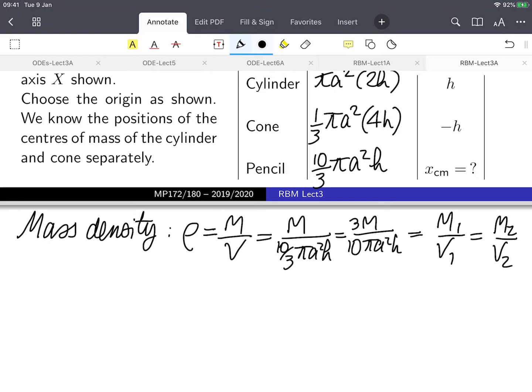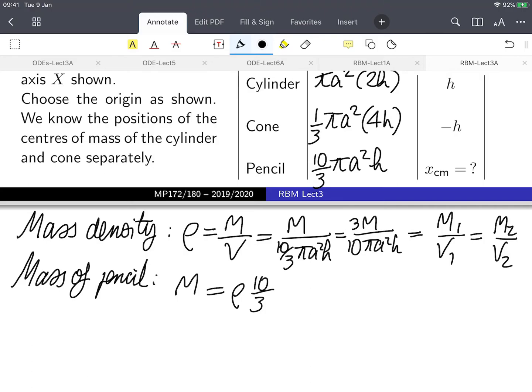So the mass of the pencil, M, equals rho times 10/3 of pi a squared h.